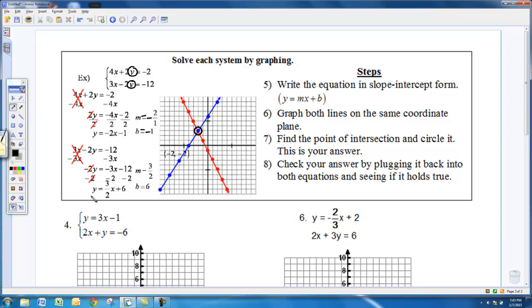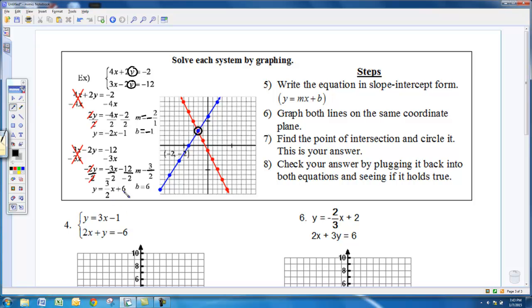Let's look at our second line. First step, move the x's to the other side of the equation by subtracting 3x. Bring everything down and then divide everything by -2. After we simplify, we will get y equals 3 over 2x plus 6.